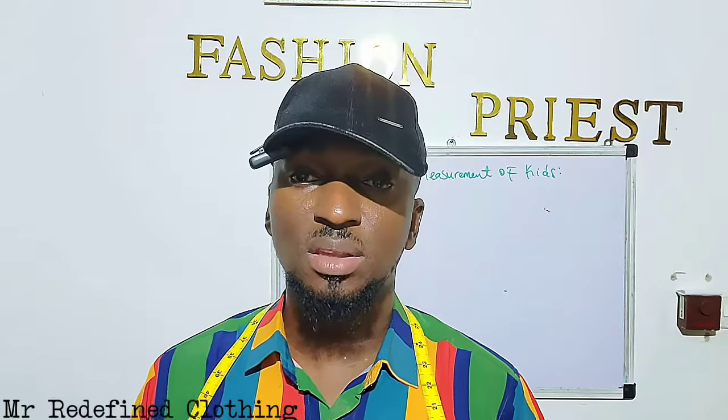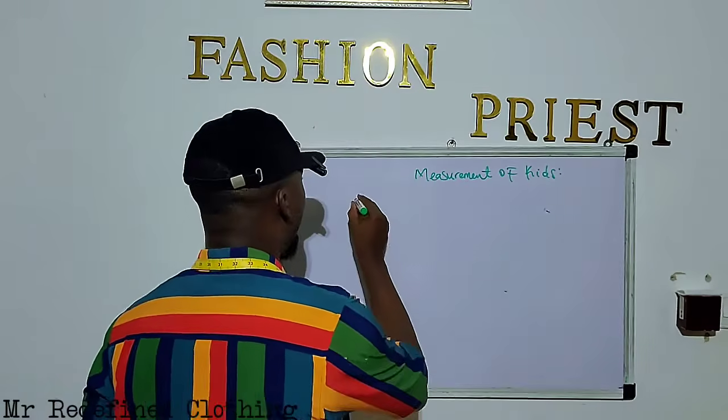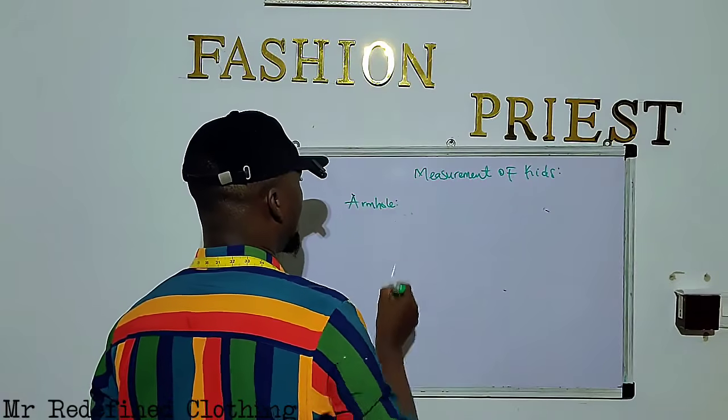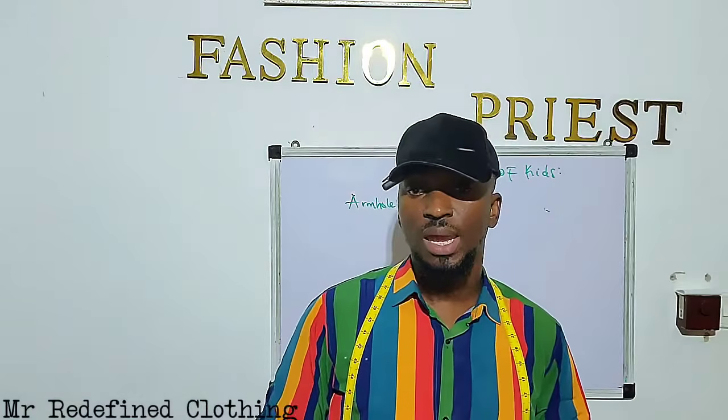So the main thing in this video is to tell you the details on how to derive the crotch, armhole, and neckline calculations. So here, when you want to get the armhole of a child, also bear in mind that on kids clothing, you could have either a short sleeve, a three-quarter, or a long sleeve, in respect to their choice or preferences.